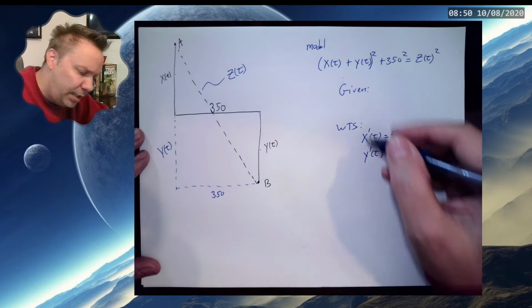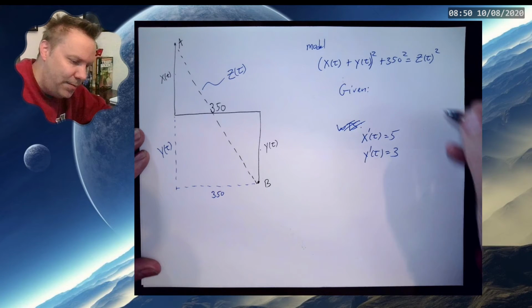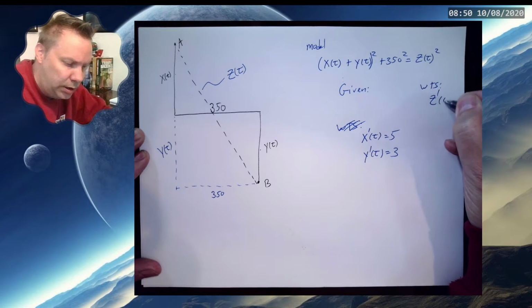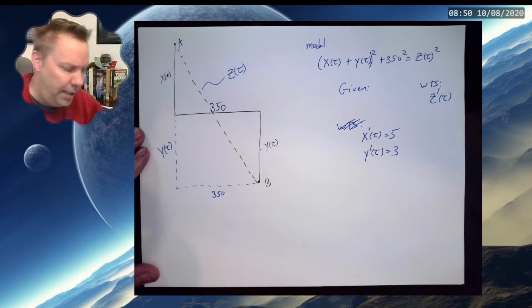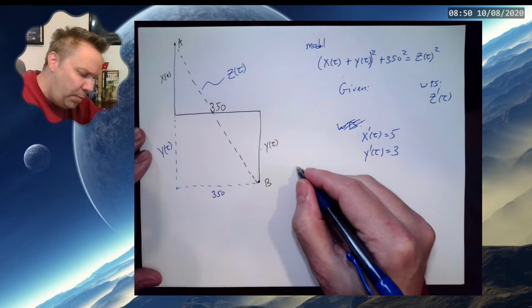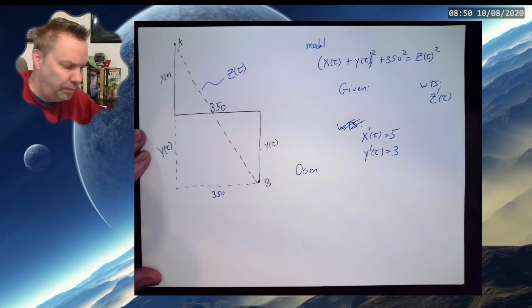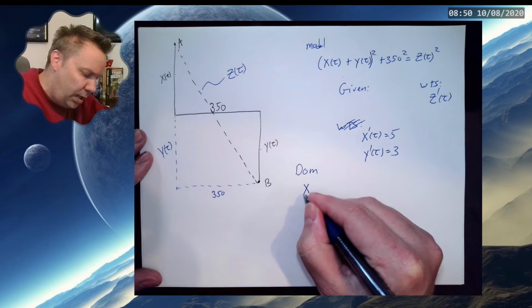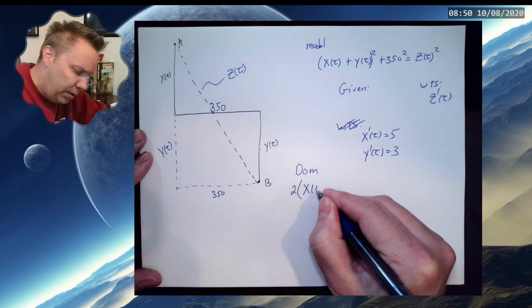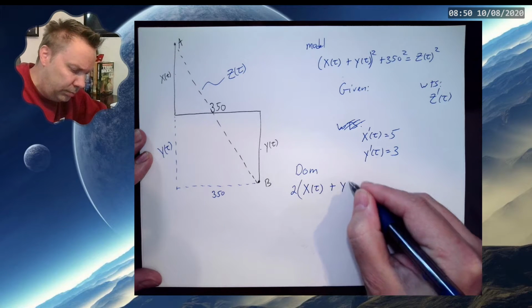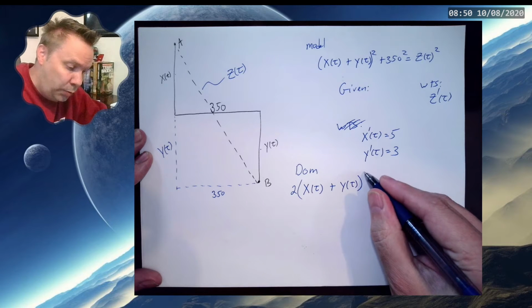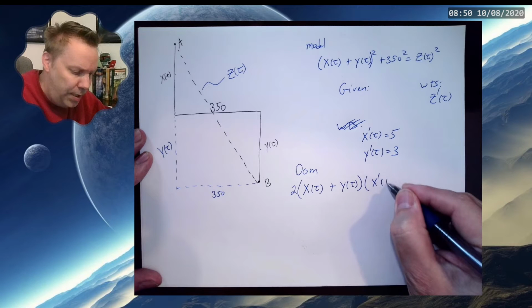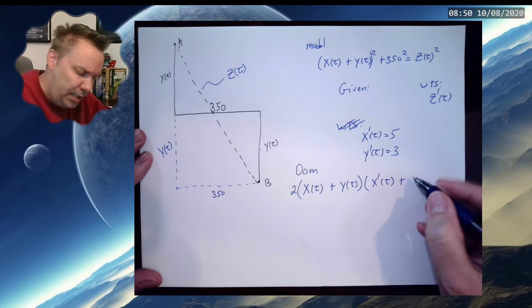And, oops, sorry, my bad, this is the given. Don't know why I did that. And I want to show z prime of t. Sorry about that. So now we have to take a derivative of the model. Taking a derivative of this, I need to use a chain rule. So I am going to drop the power, leave the inside alone, subtract 1 from the power, I won't put a 1 there because it looks like a prime, times the derivative of the inside.